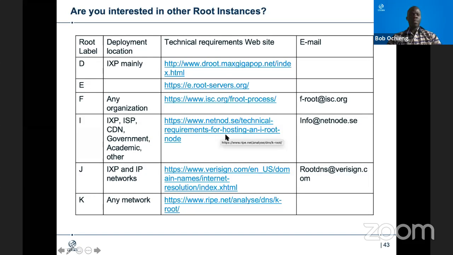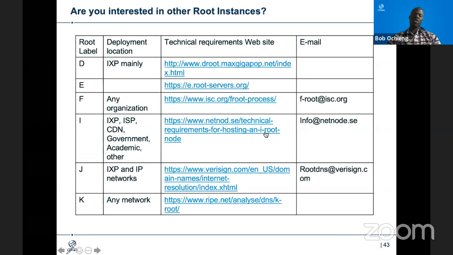So the other thing is, if it is a server that is not managed by ICANN, what we could do is to point you to the relevant manager of that particular server. And like we said, each of those operators has its own rules. So what F requires, or what I operator requires, or J operator requires is defined by them.